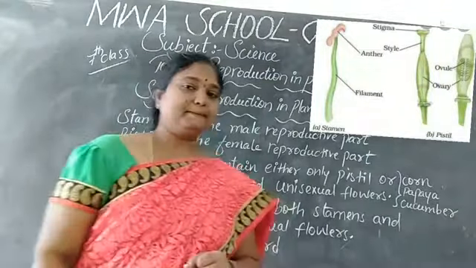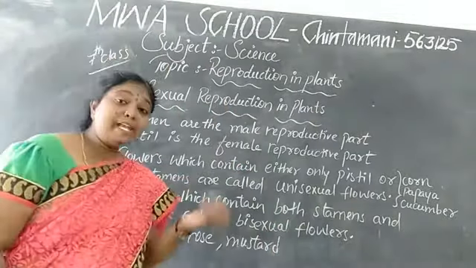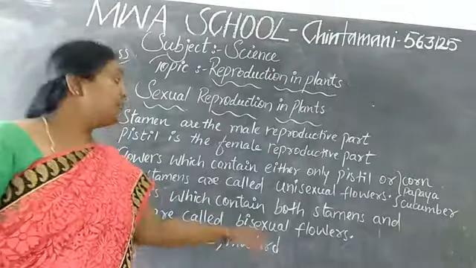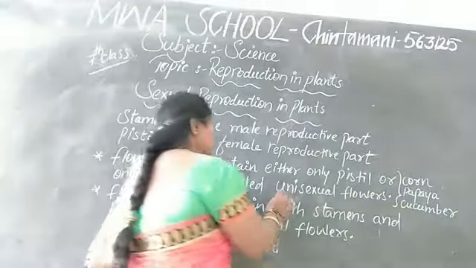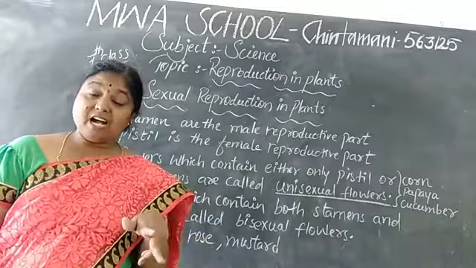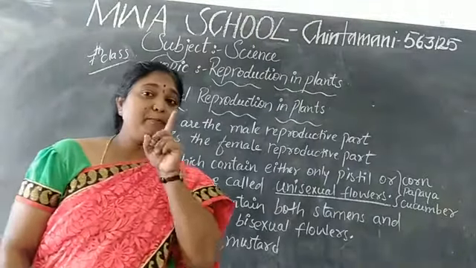Next, flowers which contain either only pistil or only stamens are called unisexual flowers. What are unisexual flowers, children? In a flower, what did we say? Male and female. But here, either the male or the female, only one will be present.